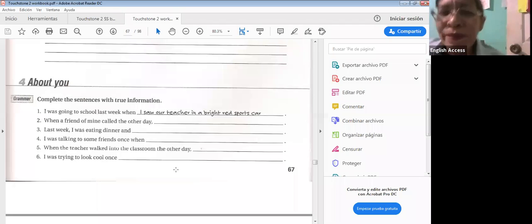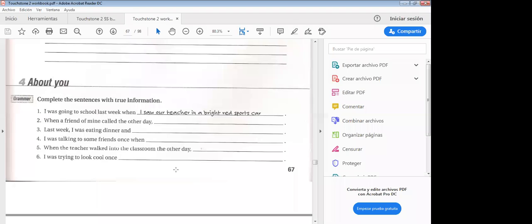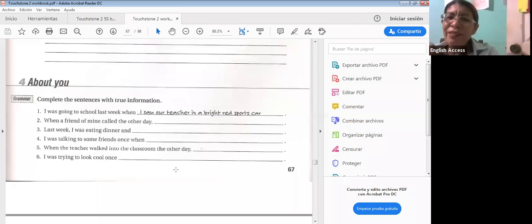For example, I can say last week I was eating dinner and my best friend got home. So I'm saying that while I was eating my dinner, my best friend arrived home. So something like that. So last week I was eating dinner and what happened in that moment?